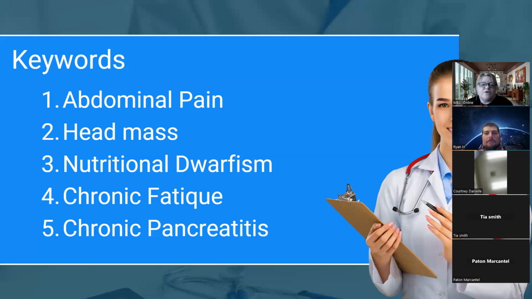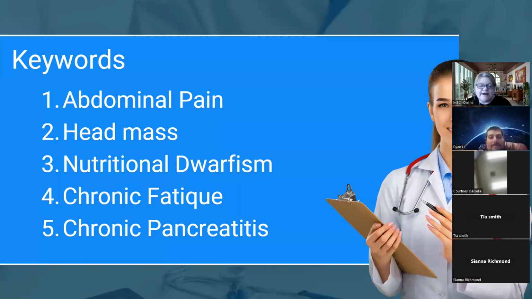But again, there's certain words that you will learn to just key in on when you're reading. So like for number 1, abdominal pain, what's the key word there? What's the giveaway? Pain, exactly. Number 2, head mass. Mass. It's going to be mass, right? Because you could have a mass anywhere.